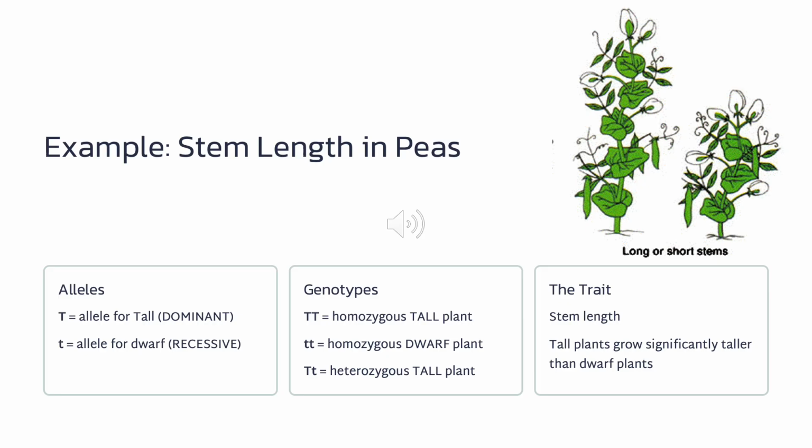If you look at the genotype, you have three types of genotype. Homozygous tall, represented by both capital letter T, and both small letter t for the homozygous dwarf plant, and another genotype for the heterozygous tall plant.